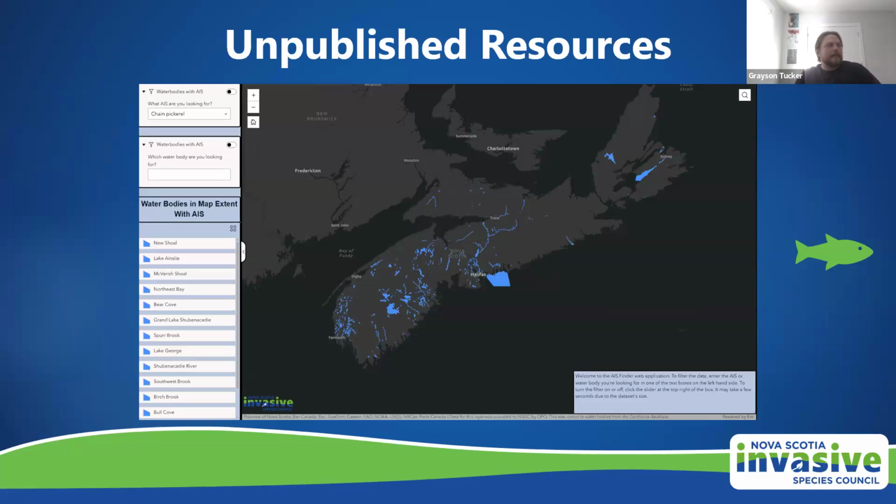What we did was we took data which DFO sent us regarding AIS reports throughout the province. We combined them with GeoNova polygons to basically show which water bodies within the province have an aquatic invasive species.